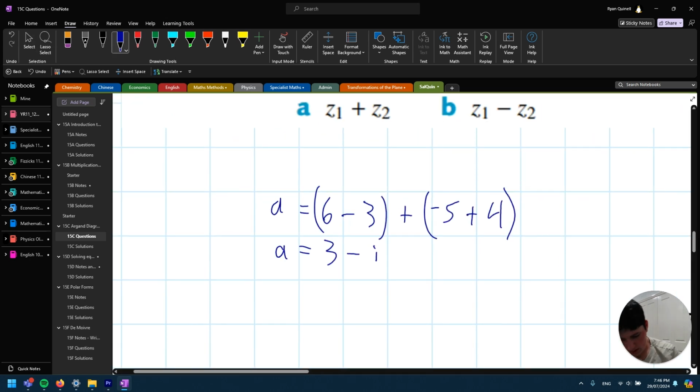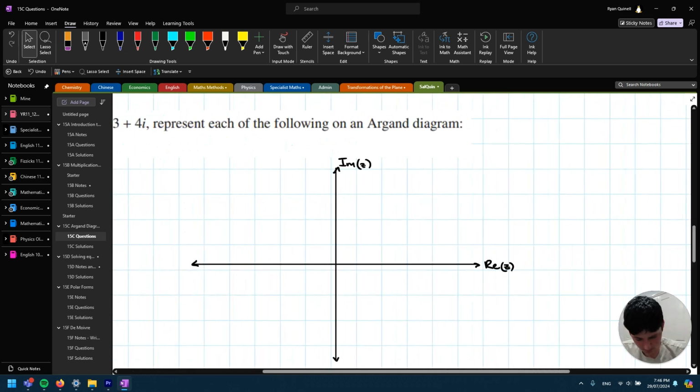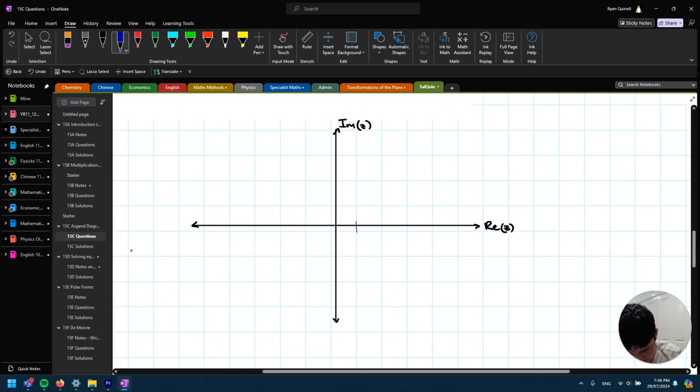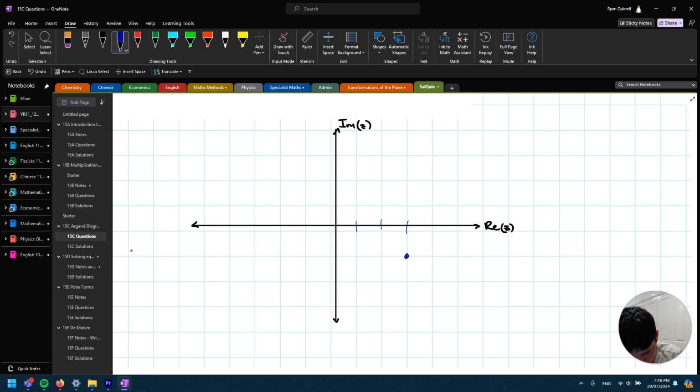A equals 3 minus i. Now we go 3 units in the positive direction and minus 1 in the imaginary direction. That's A.